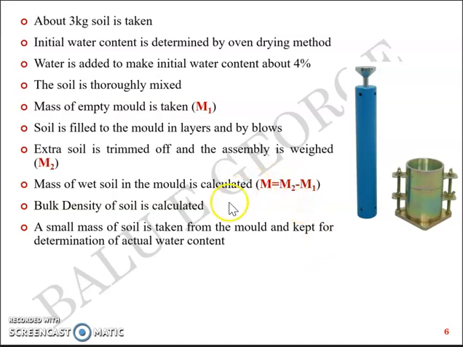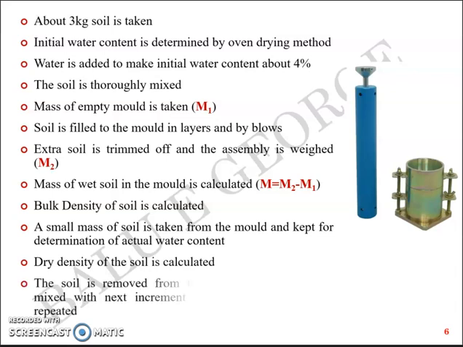From M and the volume, what you get is bulk density, and once you know the water content, you will get the dry density, right? Calculate the dry density. And then the soil is removed from the mold and remolded and mixed with the next increment of water, and the test is repeated.